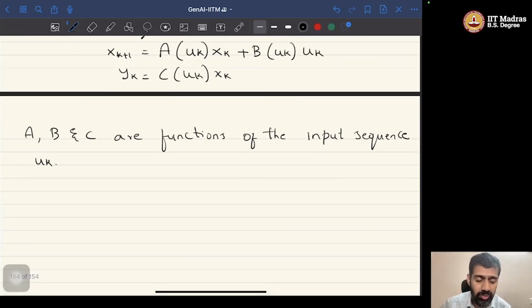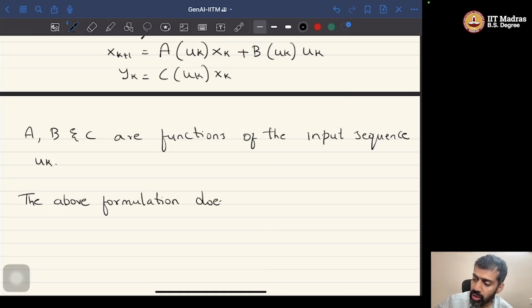Now while this is a very good idea in the sense that the model parameters depend on the input, it also comes with some drawbacks in the sense that the above formulation does not lead to kernel computation unlike S4.